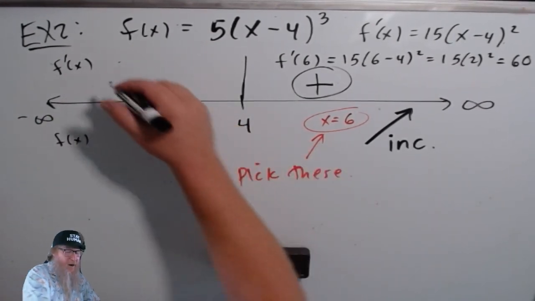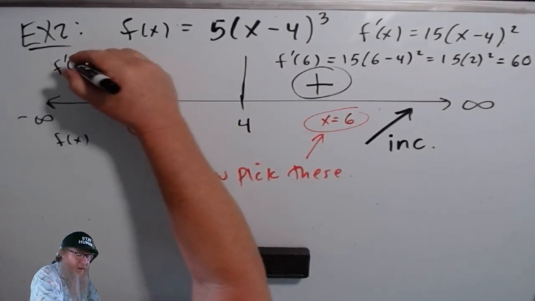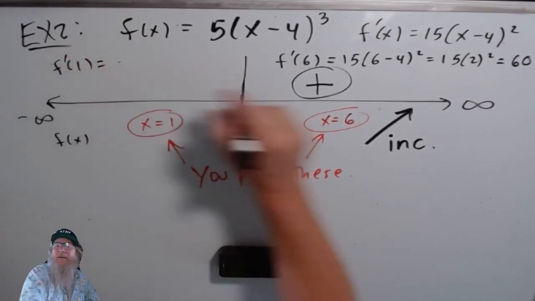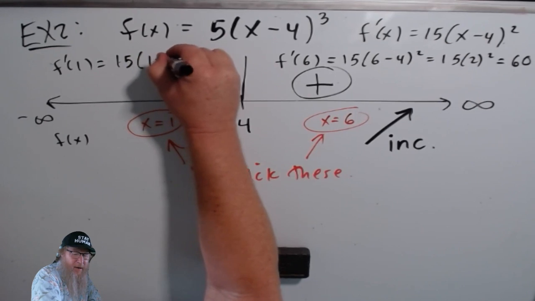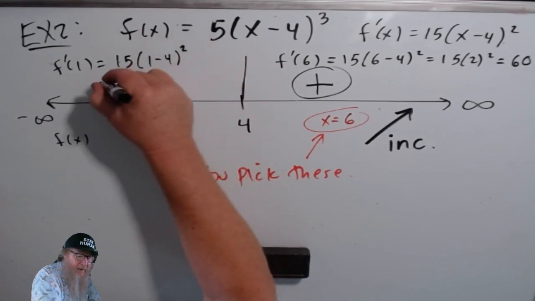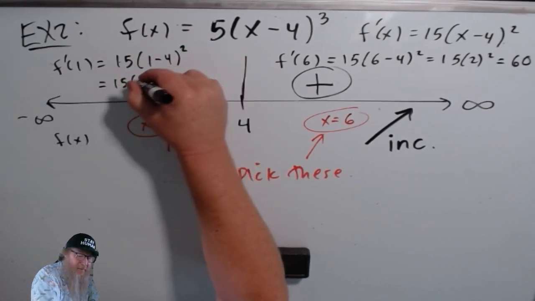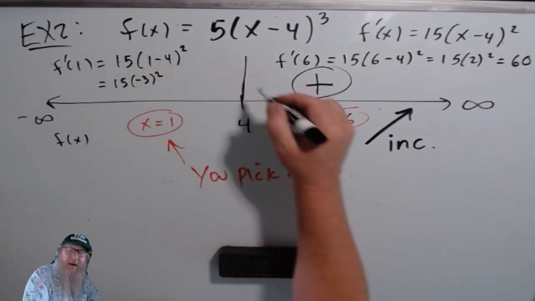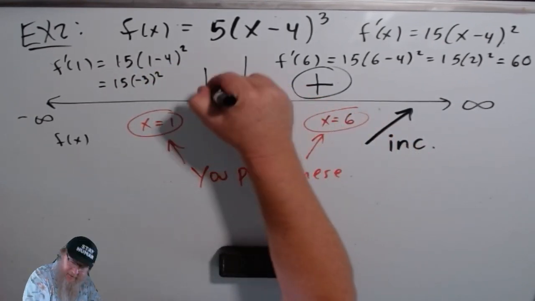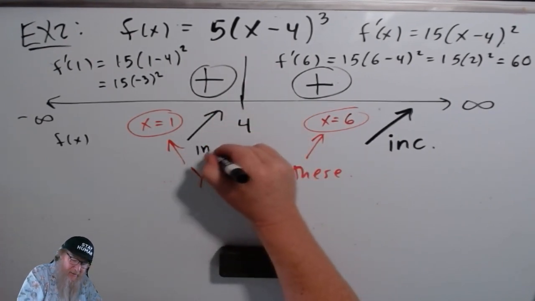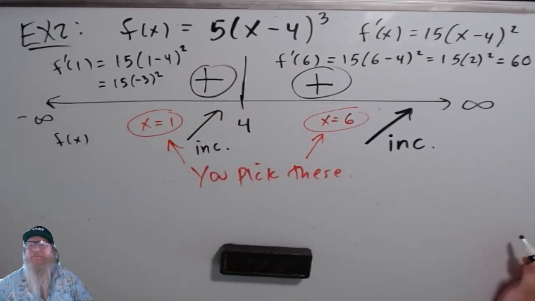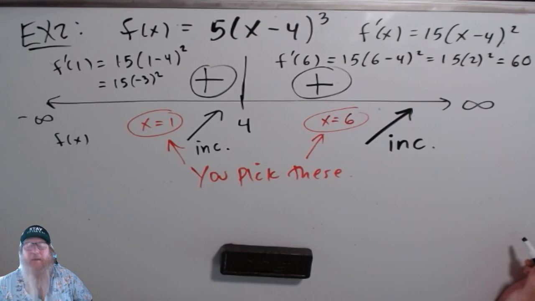Let's see. All right, so now we have f prime of 1. So the same function, 15 times (1 minus 4) squared, 15 times negative 3 squared. That's still positive. So it is still increasing. Yeah.